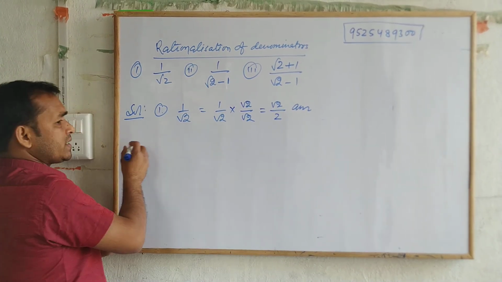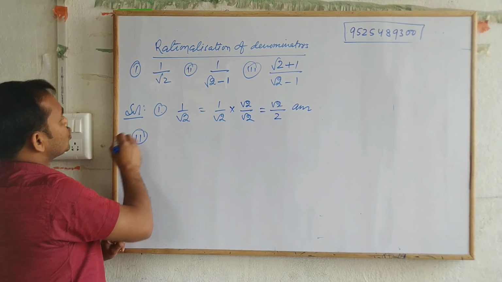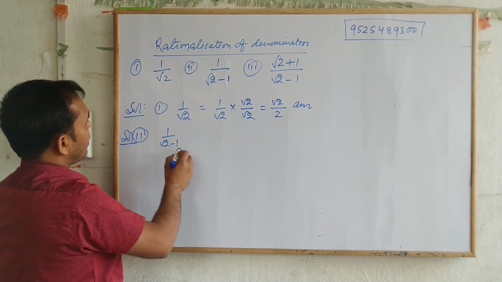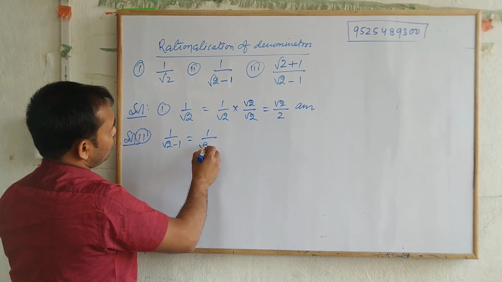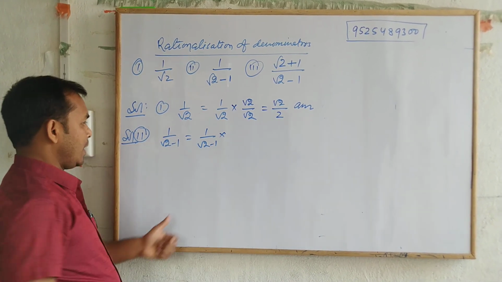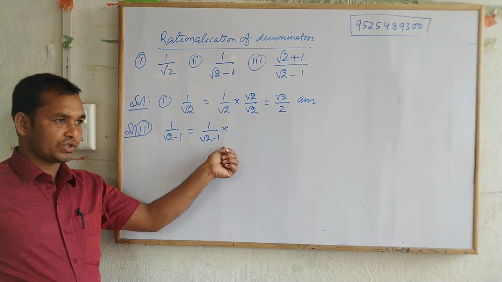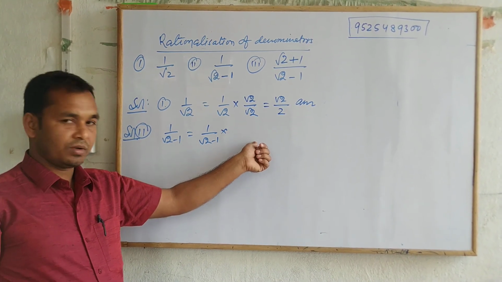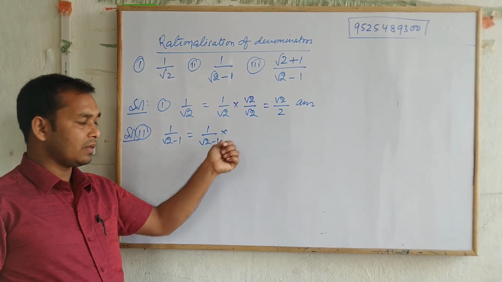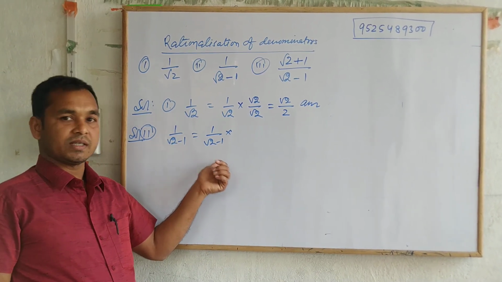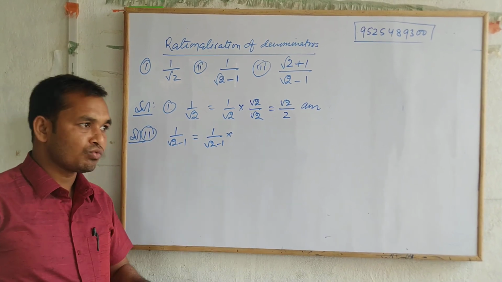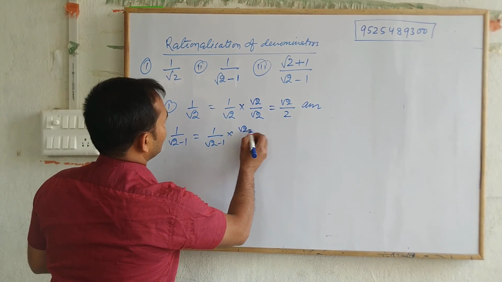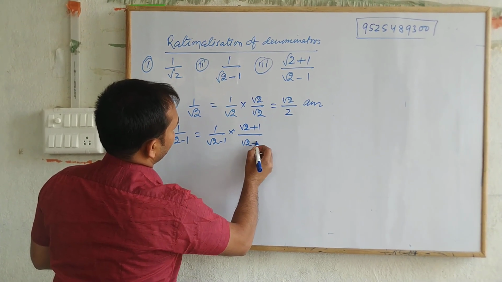Once again, the next question's solution: 1 by root 2 minus 1 is equal to root 2 minus 1 into, here, root 2 minus 1. If the denominator is in negative form, then we have to multiply by the positive term, and if the denominator is positive, then we must multiply by the negative term. So here root 2 plus 1 by root 2 plus 1.